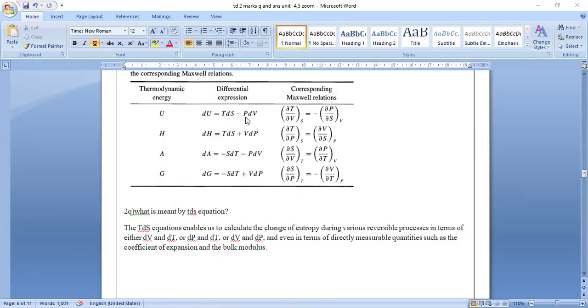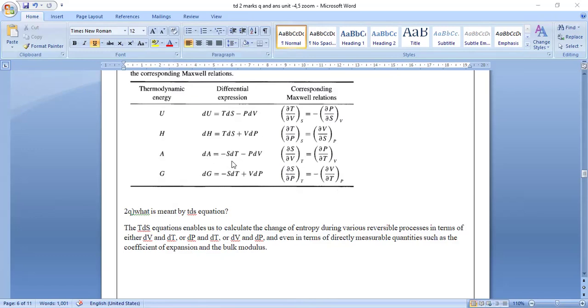Similarly, dT by dp with s constant is equal to dou v by dou s, with p kept constant.